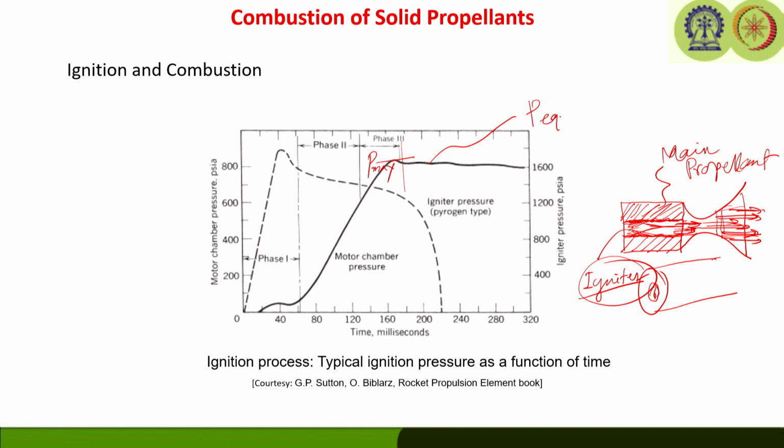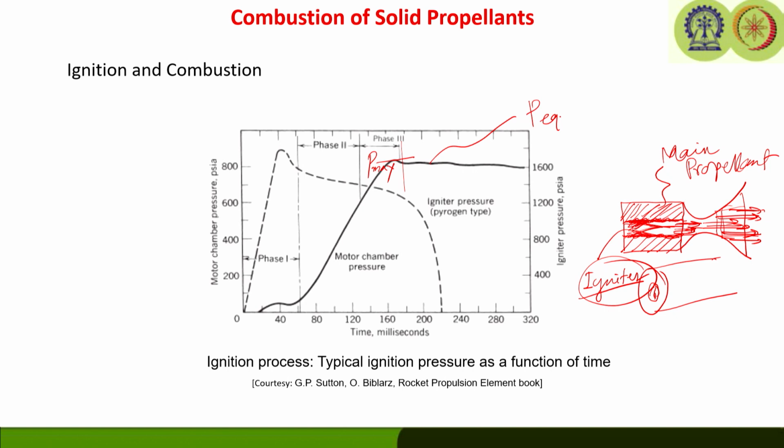The heat transfer characteristics also matter, because the igniter is going to provide the plumes, which hit or impinge on the main propellant surface. So, the heat transfer characteristics, like radiation and convection between the ignition gas and the grain surface, will also play an important role. The flame spreading, how the flame is spreading inside the rocket motor, also plays an important role.